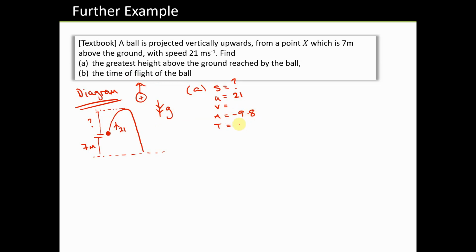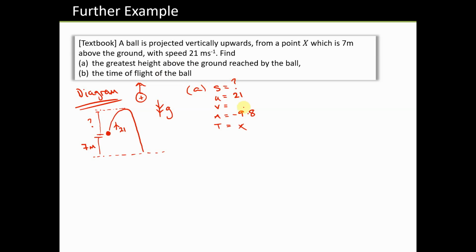And then we're not really going to use the time for this one. We will for the next one, but not for this. So we need to know some information about the final velocity. Well, if you imagine something being thrown up, the point that it's at its highest value, it momentarily stops because it's going from an upwards motion to then stopping, then to a downwards motion.